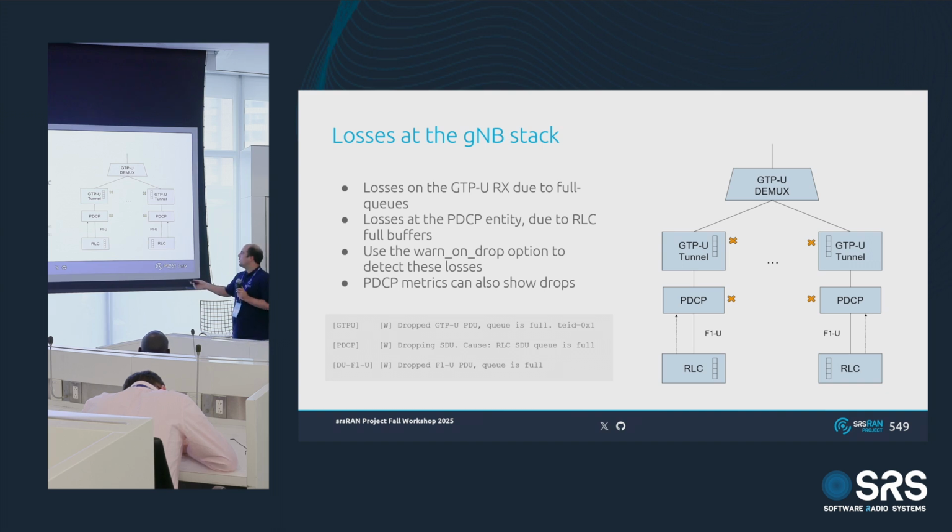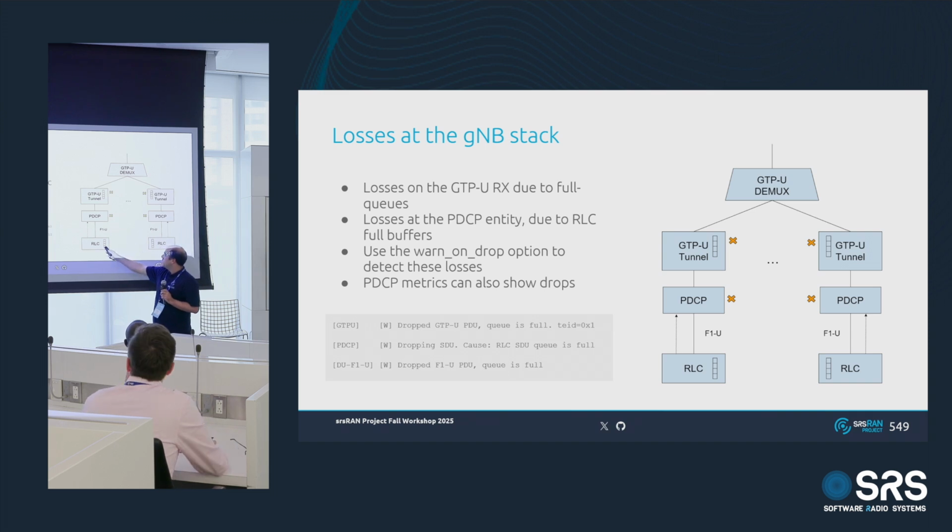So you really don't want to lose a PDCP sequence number if you can. So there are some mechanisms to avoid that, so that the PDCP knows the size of the RLC queue and will drop early, right? So again, you can check for this using the warn on drop, and also this one will be logged in the metrics, so you should do that too.